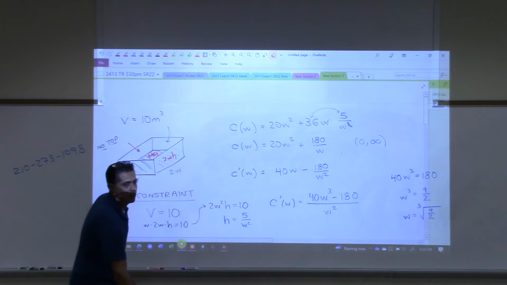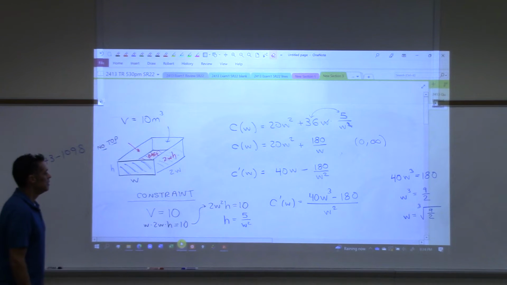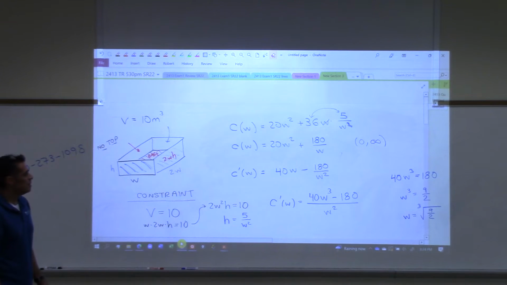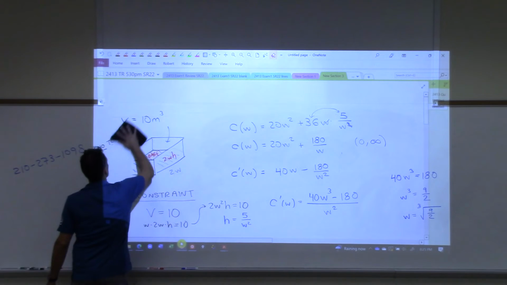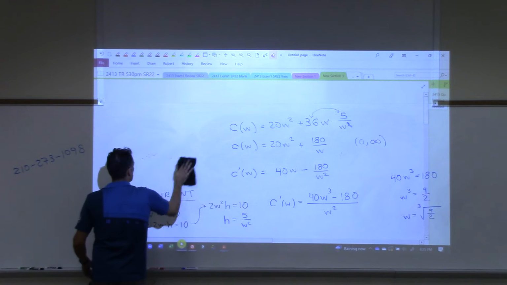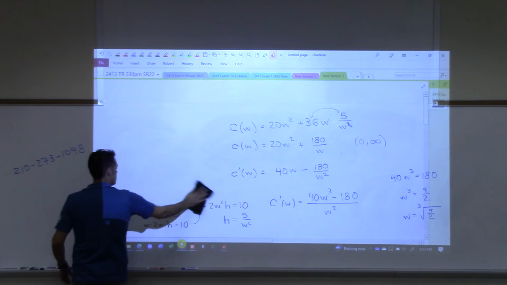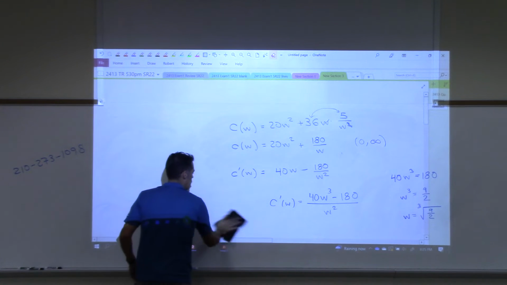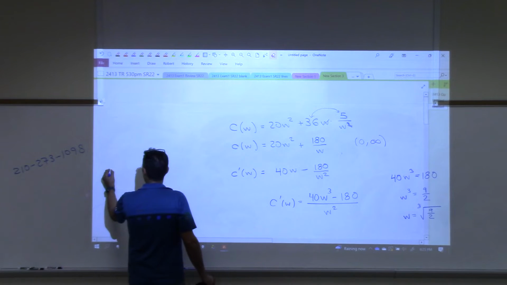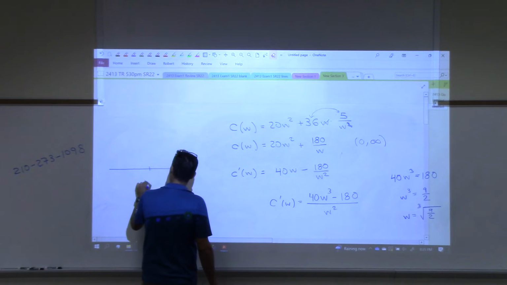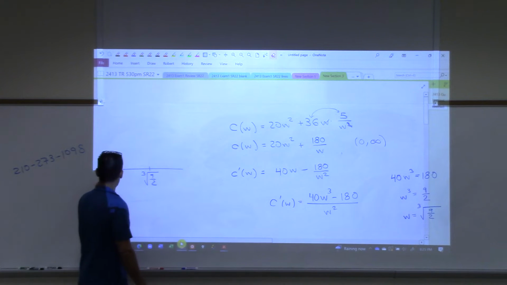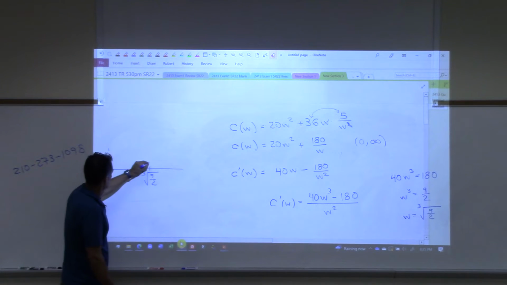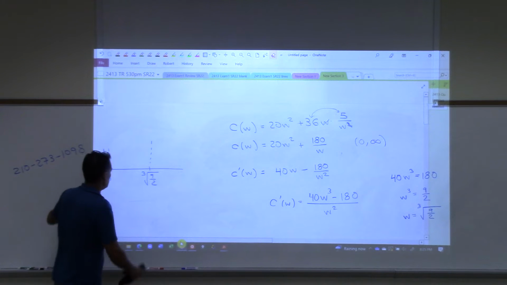Okay. That's the only one we have, right? Because it's never undefined, well, it's undefined at 0, but 0 is not in our domain. So we're going to do a number line, and we're looking for down and up, aren't we? Because we're looking for a minimum cost. So we go to the cube root of 9 halves. I'm pretty sure that 1 is to the left of this, right?